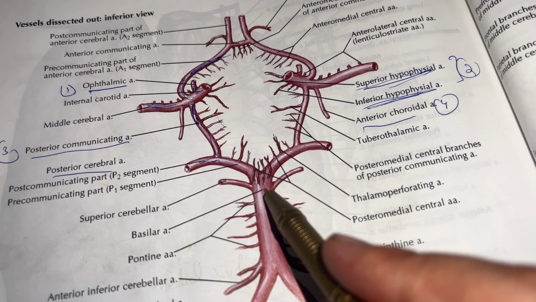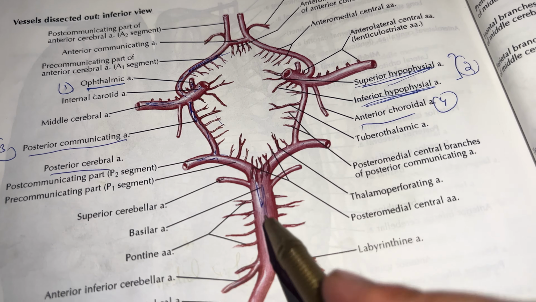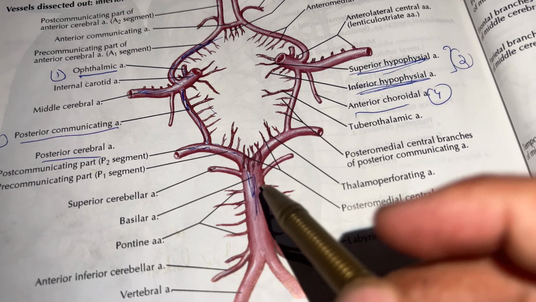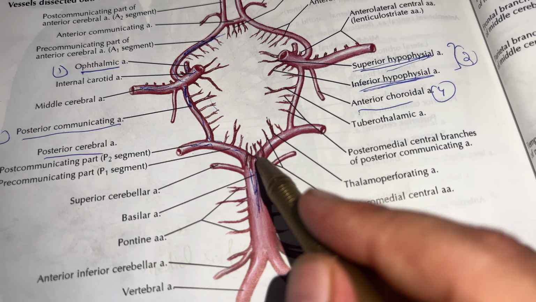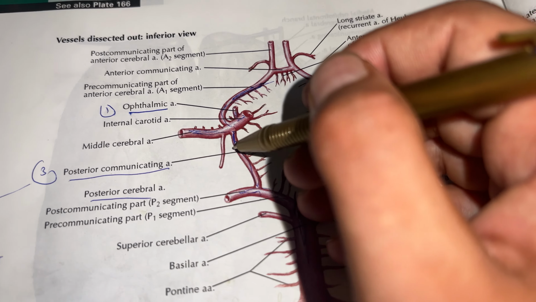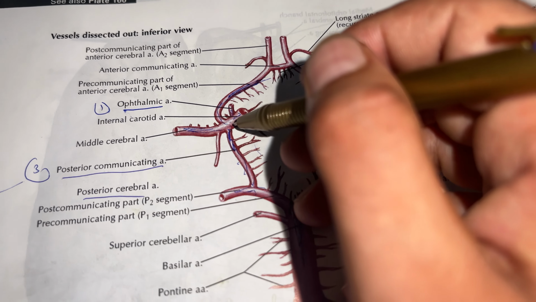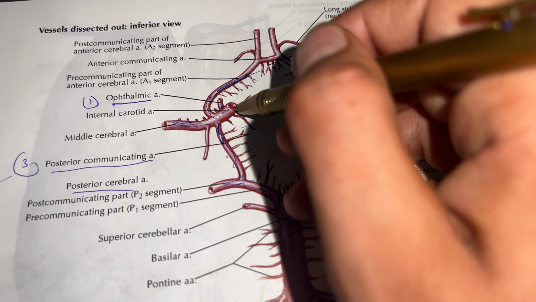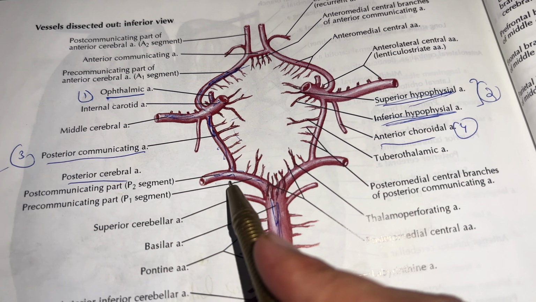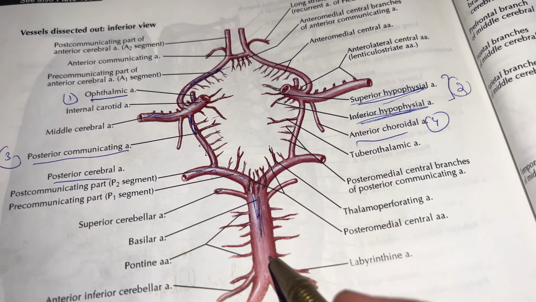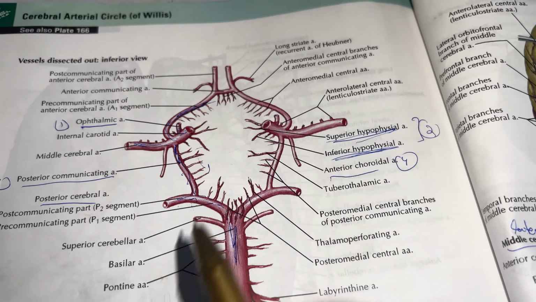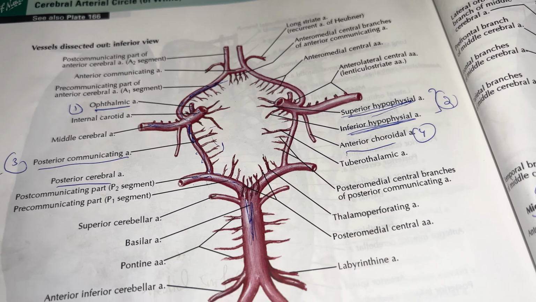The basilar artery terminates into two posterior cerebral arteries, and this posterior communicating artery connects the internal carotid system with the vertebro-basilar system. So this is about the posterior communicating artery.